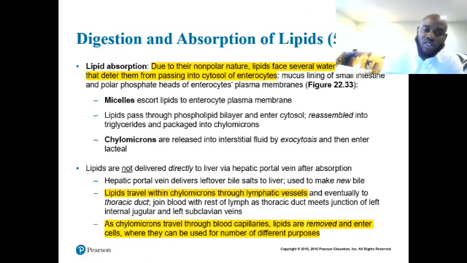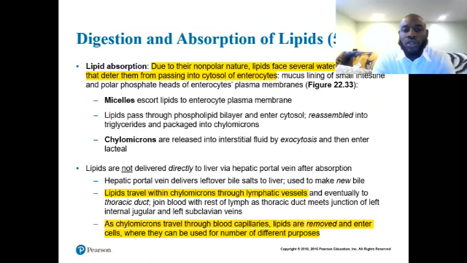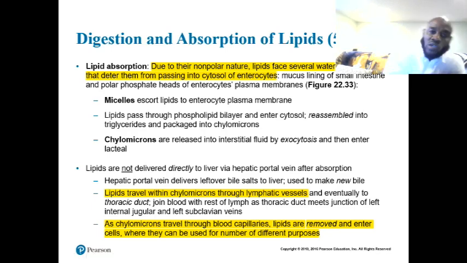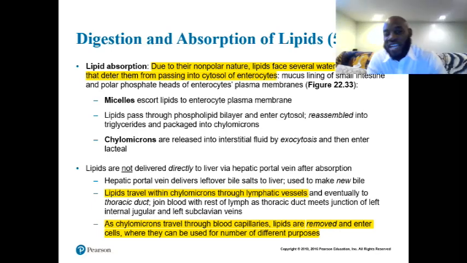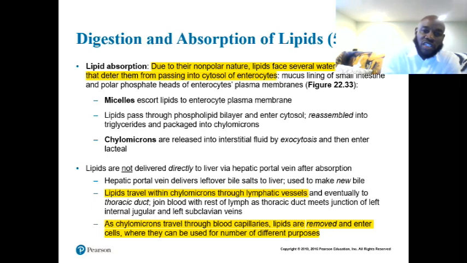So now we've digested them, now we have to absorb them. Due to their nonpolar nature, it's difficult for lipids to pass into the cytosol of the enterocytes. So the micelles escort lipids to the enterocyte plasma membrane.